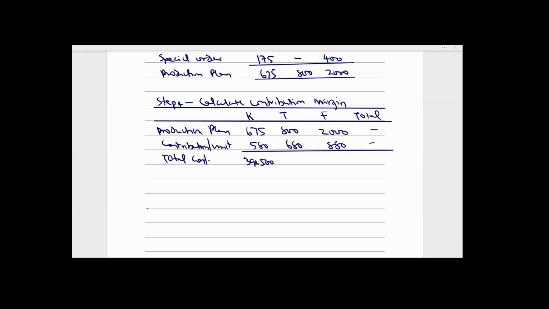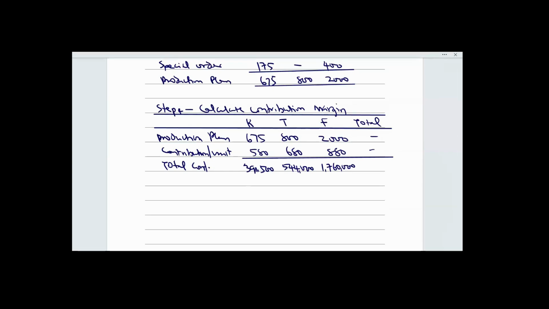That's 544,000. Then 2000 multiplied by 880. That's 1,760,000. So I will then add the three of them together to get the total contribution for the company.